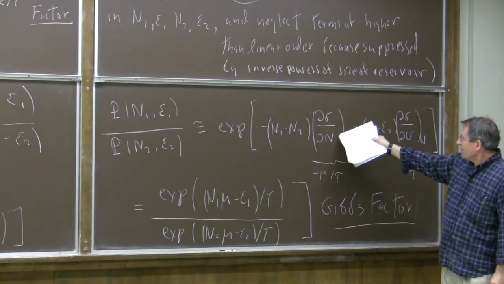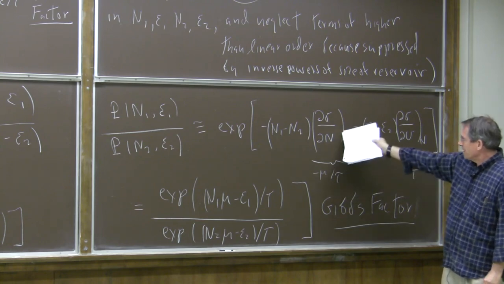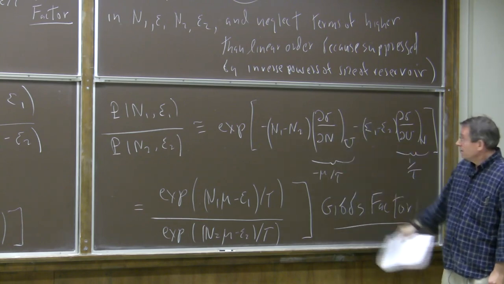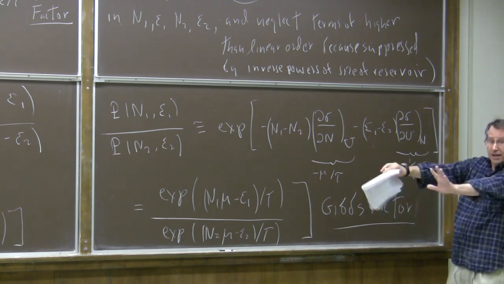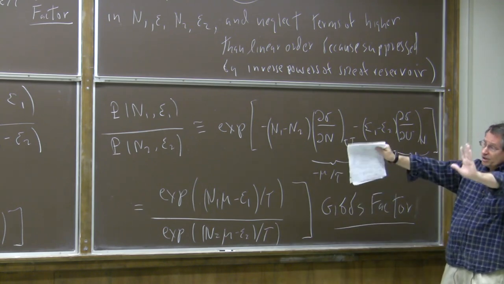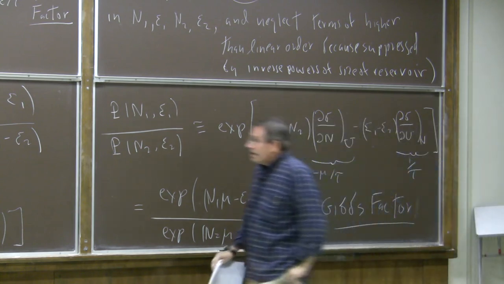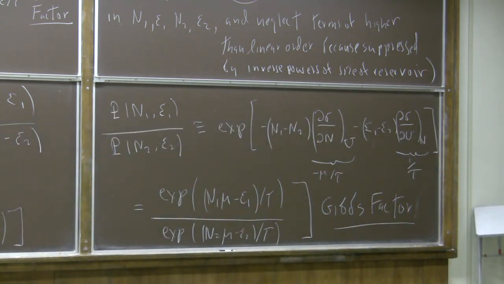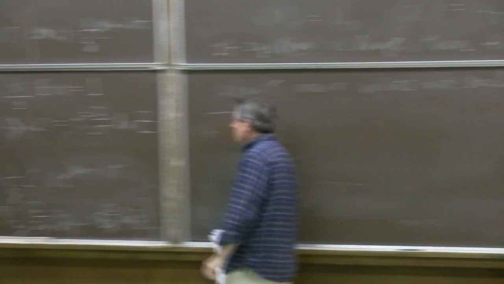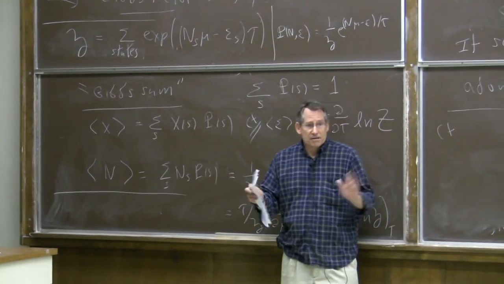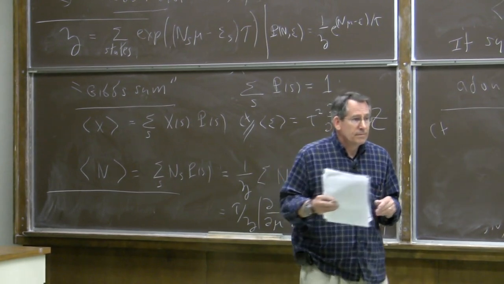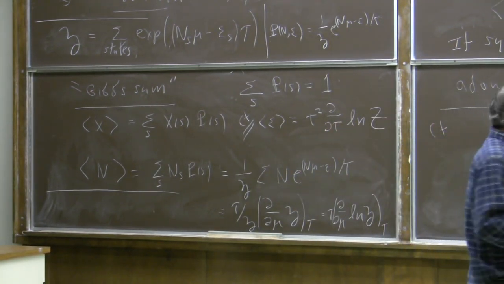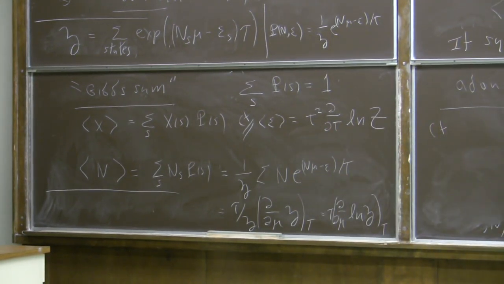So this is minus the chemical potential divided by the temperature of the reservoir, and this is 1 over the temperature of the reservoir. And those are fixed. They're properties of the reservoir, which is huge. And then that determines the probability distribution for the system. So as far as the system is concerned, mu and tau are just constants. So the n0 and u0 are for the reservoir? These are system particle number and energy.